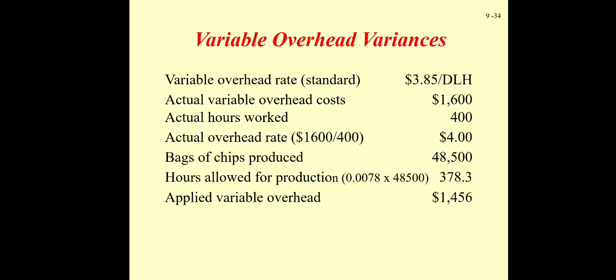Actual variable overhead cost $1,600, actual hours worked 400 hours, 400 labor hours, actual overhead rate $4, bags of chips produced 48,500, hours allowed for production 378.3 hours, applied variable overhead $1,456.